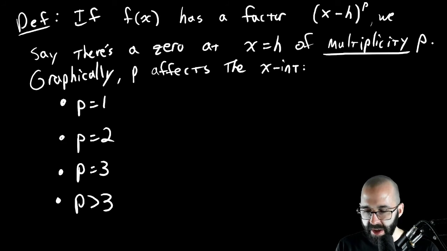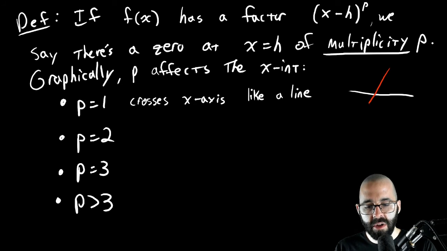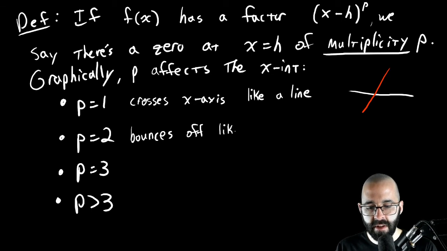So if p equals 1, it kind of crosses like a line. It crosses the x-axis kind of like a line. So if this is our x-axis, multiplicity 1 means the function kind of very locally crosses like this. P equals 2, it behaves like a parabola. It bounces off like a parabola.